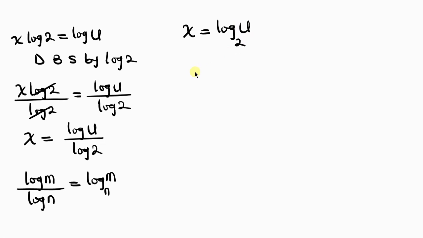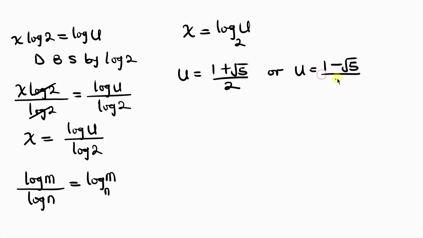But remember the values of u we got. We got one of the values of u to be 1 plus the square root of 5 all over 2, and we also got the other one to be 1 minus the square root of 5 all over 2.